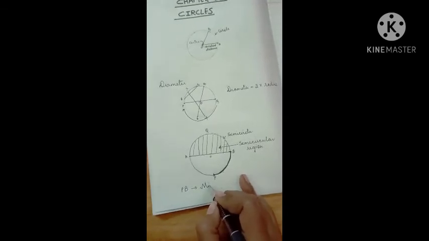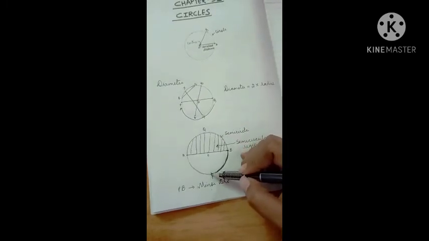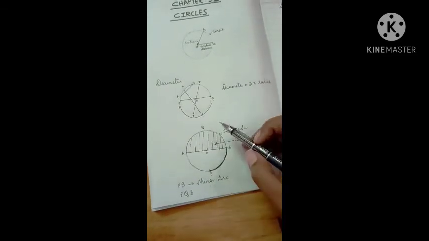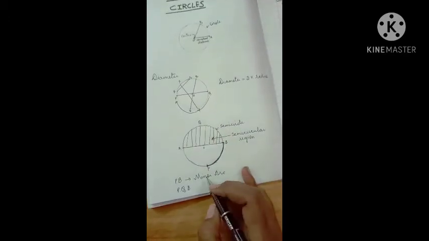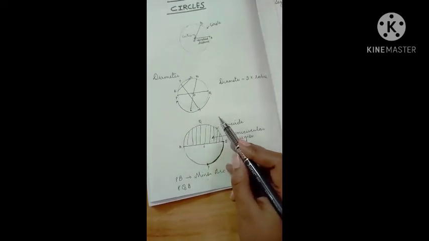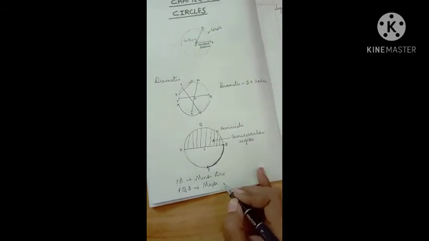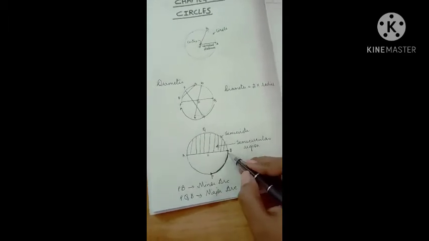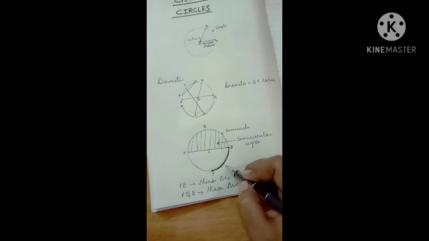The other arc, PQB, is known as the major arc. You can see that it is greater than a semicircle, so it is called a major arc, and this arc is less than a semicircle, so it is called a minor arc.